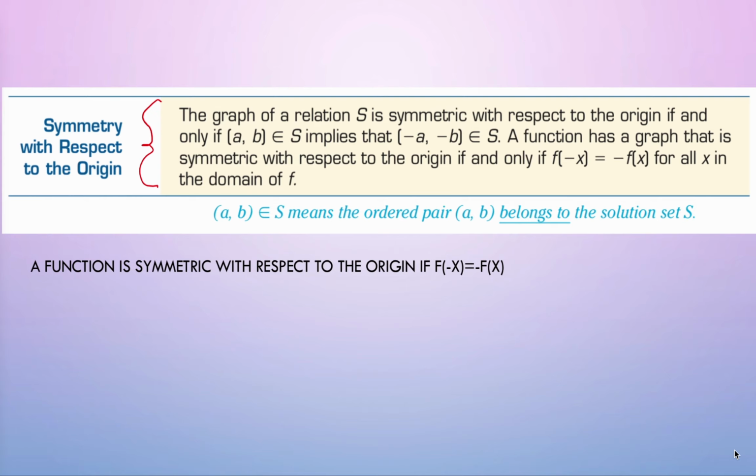So what does all of this mean? It means that if we have some function and we have some point (a, b) that is in the function, and the function is symmetric with respect to the origin, that means there has to also be a point (negative a, negative b) that is also in the function.